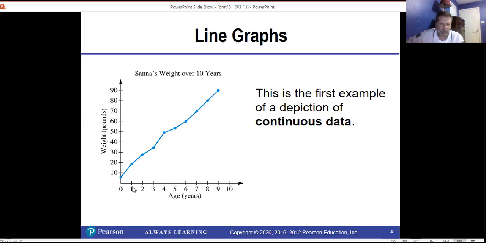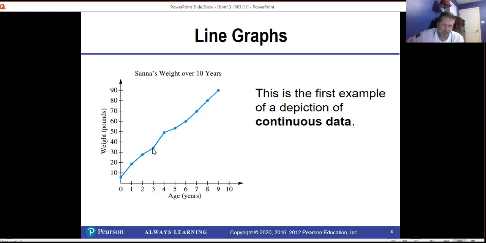After year one, they go from about 8 to almost 20 pounds. And so there would be some growth, or the adding of the weight, in that time. So you would have that depiction by this straight line, I guess just that line connecting segments. Okay, this is the first example of a depiction of continuous data.